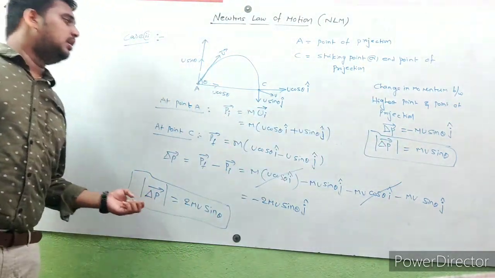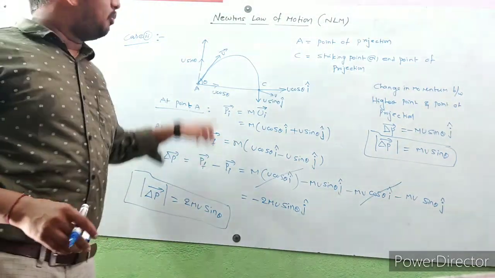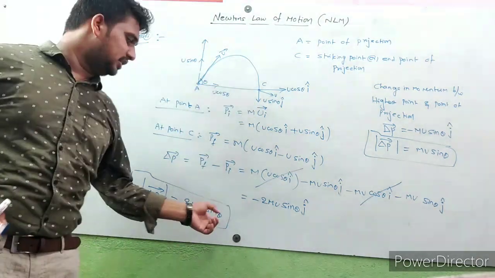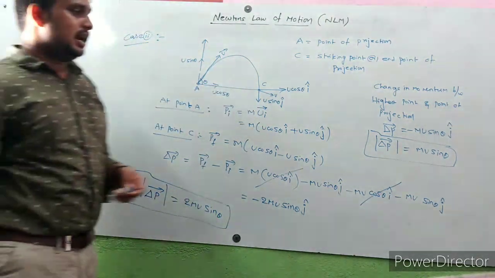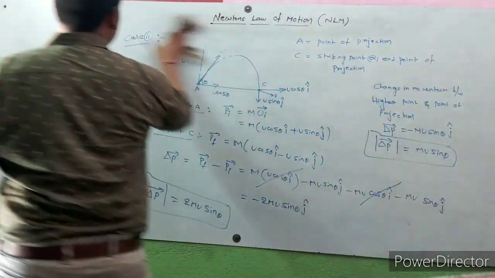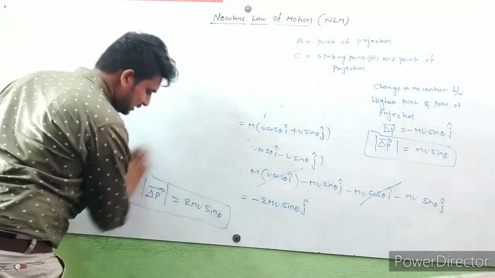And the magnitude of change in momentum between point of projection and end point of projection, or striking point, is 2mu sin theta. I write here two values, two concepts.